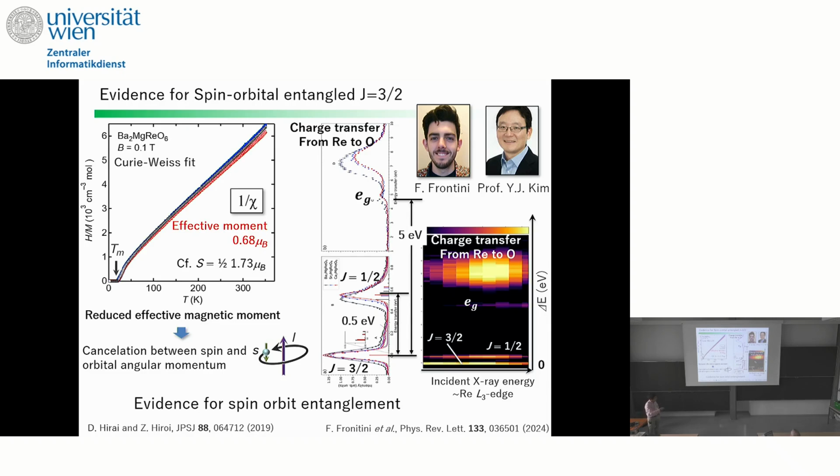Furthermore, this is the ground state, but there is a splitting of the ground state, which means the t2g level splits into J=3/2 and J=1/2 states. And the magnitude of the splitting is 0.5 eV as we expected from spin orbit coupling. So now we confirmed the J=3/2 state is indeed realized in this compound.